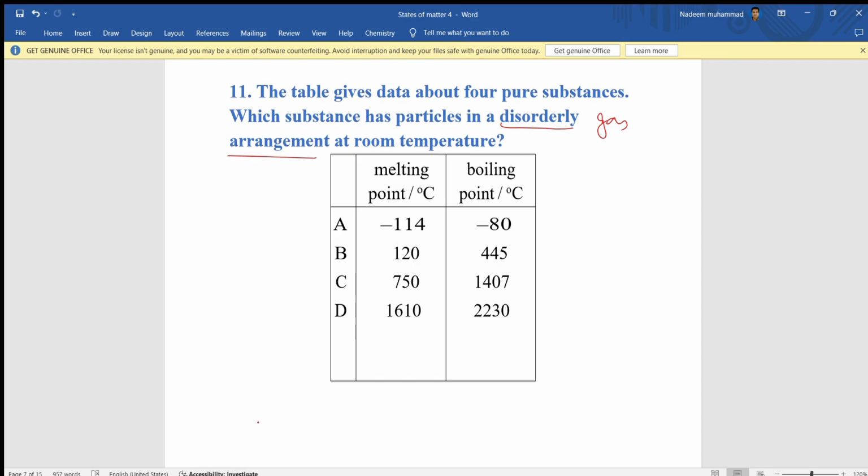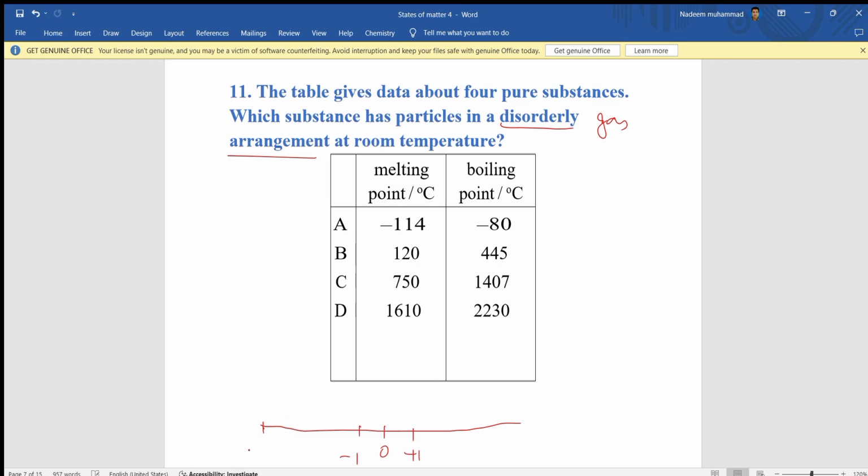So if melting points and boiling points are given over there, if we draw a number line, we know that on the right side we have the positive numbers, on the left side we have negative numbers.